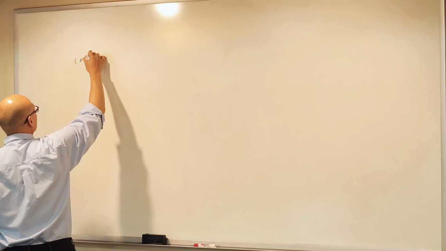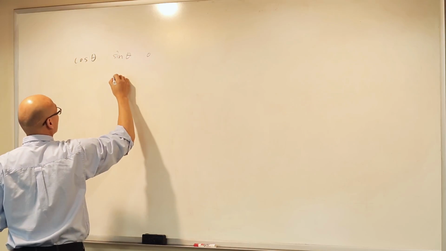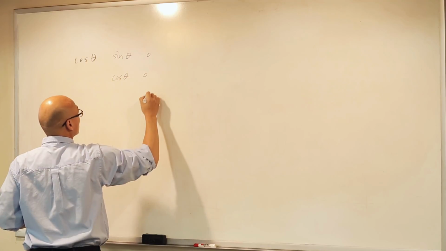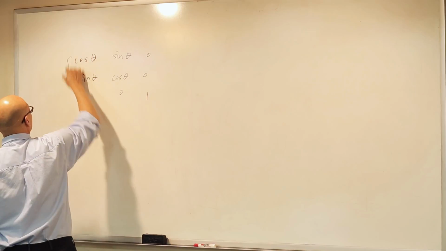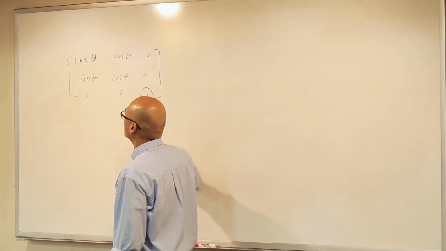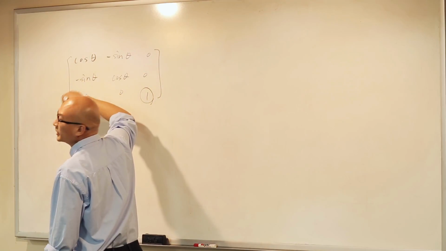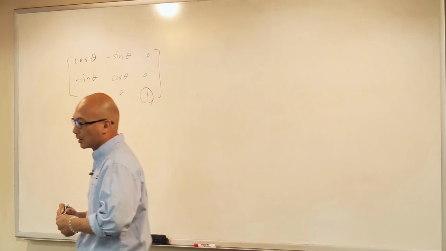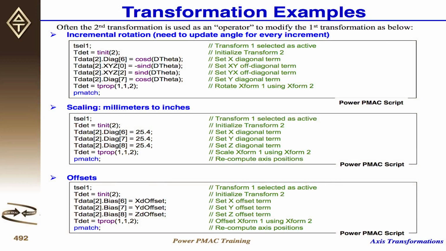This is cosine, sine, 0, cosine, 1, 0, 0, sine. This is the rotation around z. So it's like this, and either you put the minus sign here or here, depending on counterclockwise or clockwise rotation. So this is the rotation.